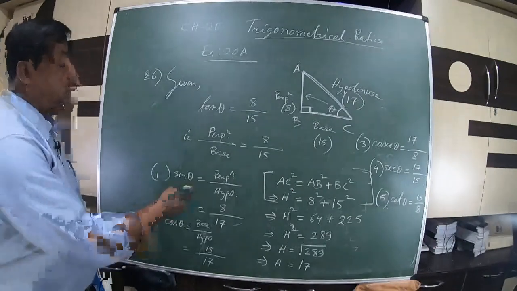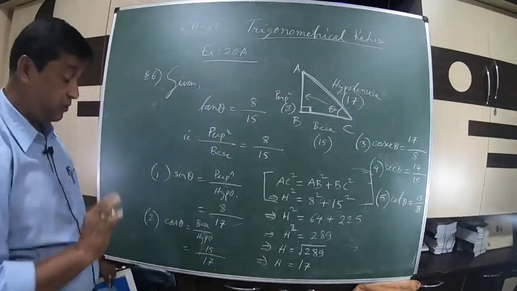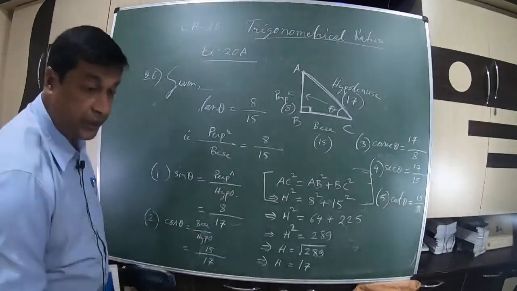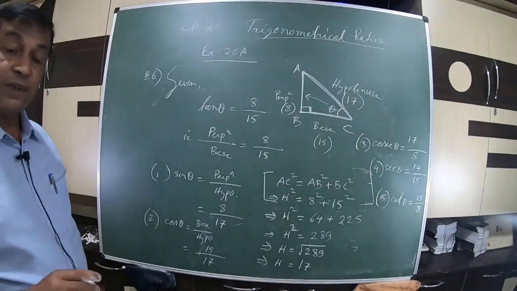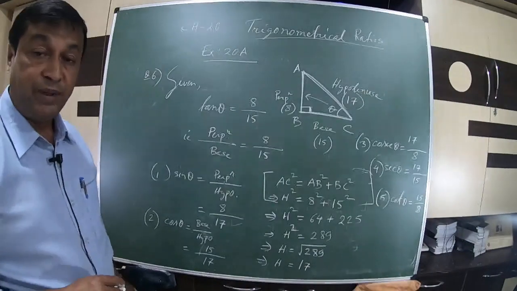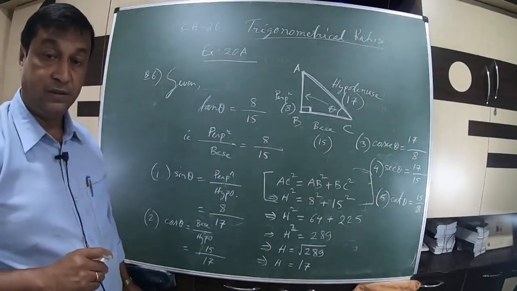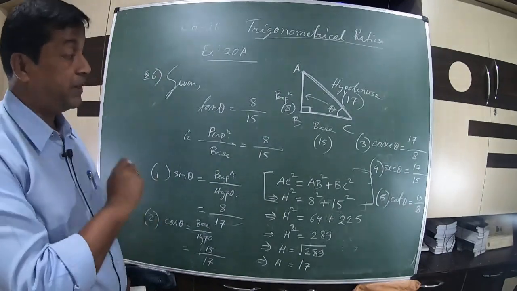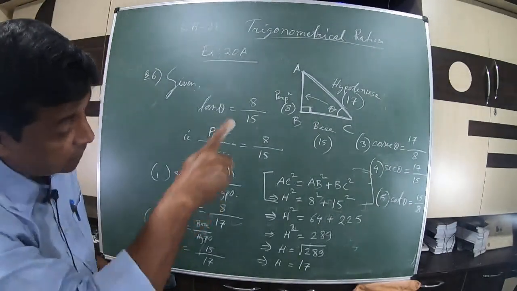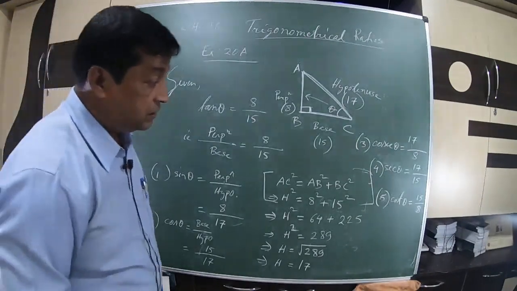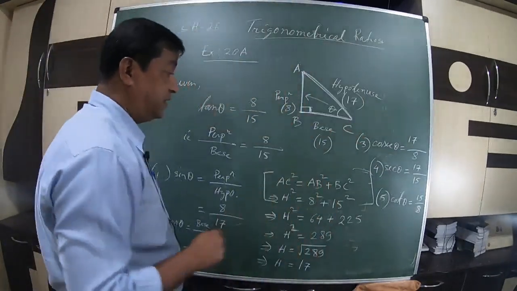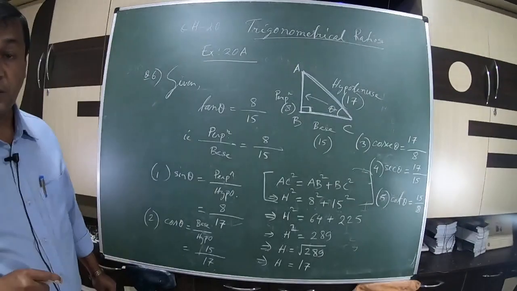Now to find out the hypotenuse, you have to use the Pythagoras theorem. The Pythagoras theorem is very much applicable in trigonometry. So you have to apply this formula. Then you are going for the cosec theta, reciprocal of the sin theta. Then sec theta, that is reciprocal of the cos theta.